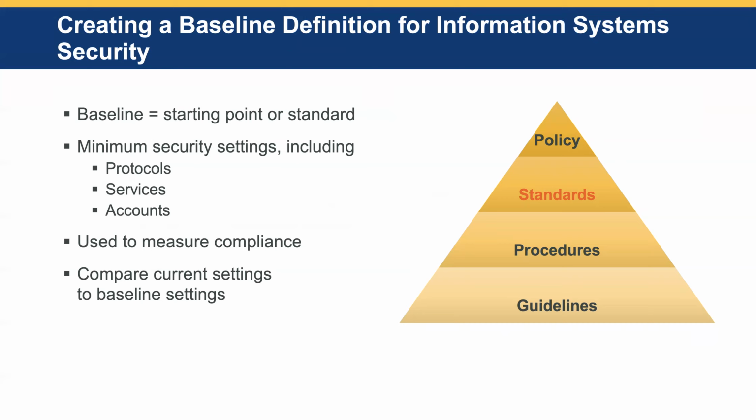Variations in these security objectives can occur, and they're going to be represented by the appropriate security policies and security frameworks. Some minimum security settings include ensuring that appropriate protocols, services, and accounts are in place, that we're able to identify and measure appropriate compliance, and that we can compare current settings to baseline settings as well.